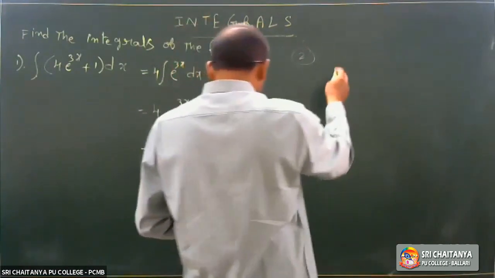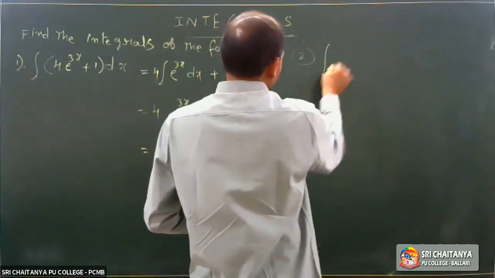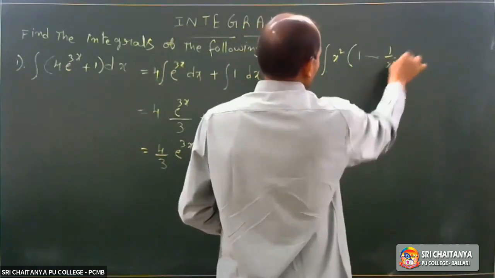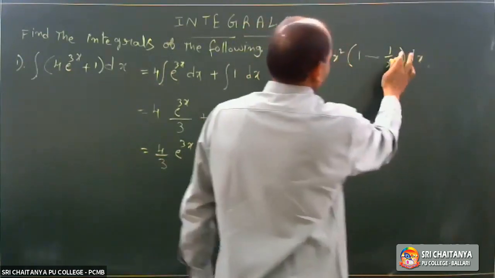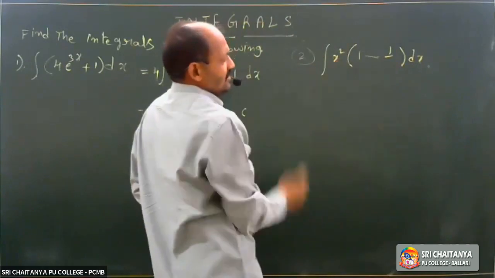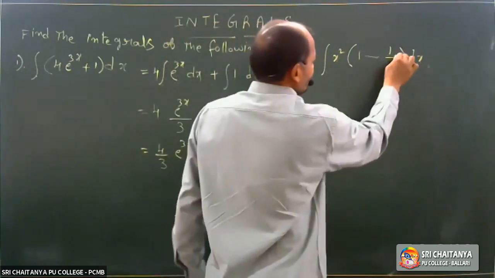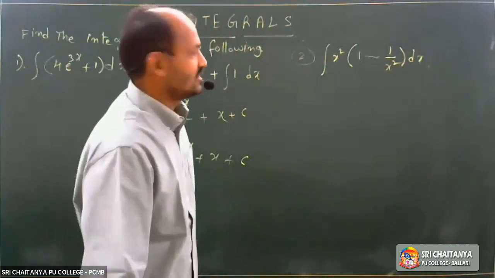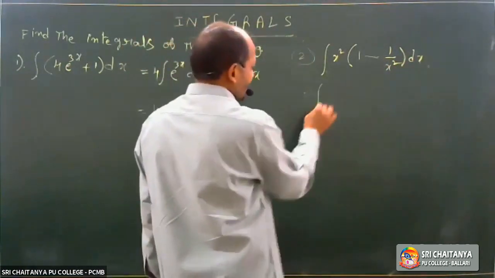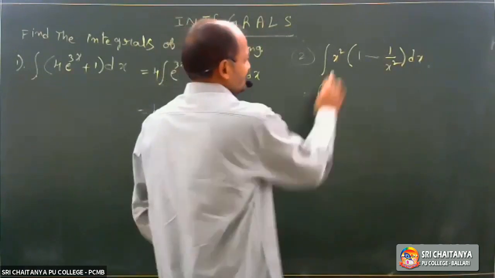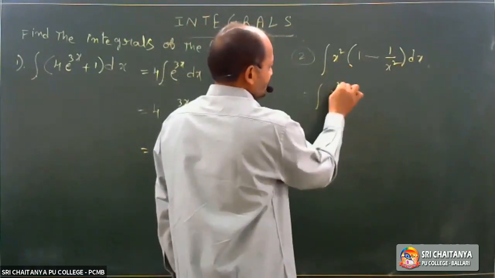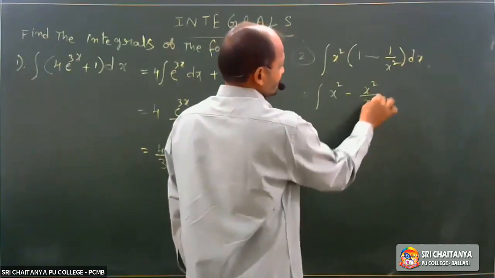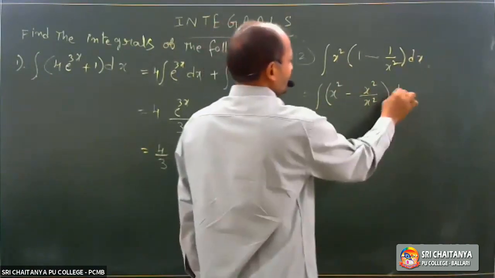Right, second one. Integral of x square into 1 minus 1 by x square dx. So it is the integral of x square into (1 minus 1 by x square) dx, that is x square minus x square by x square, whole dx.